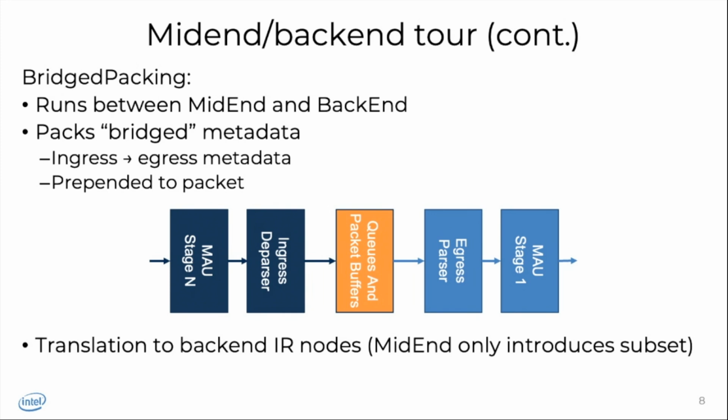So we have to pack it so that we have things like multiple bytes. Sometimes there might be some alignment issues we have to deal with, etc. And then the other thing that bridge packing does is it translates more IR nodes to Tofino versions.